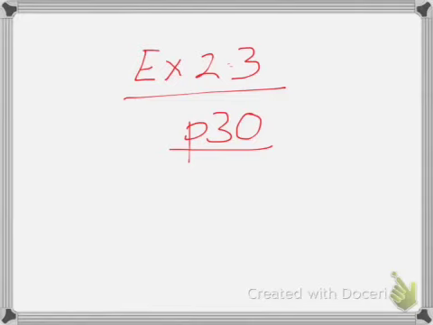I shouldn't be asking you to get on with some work tomorrow. Write this in your book now, so tomorrow when you come to the lesson, you can open your book, you'll know it's exercise 2.3 on page 30, and you can have a go at some of the questions, okay?